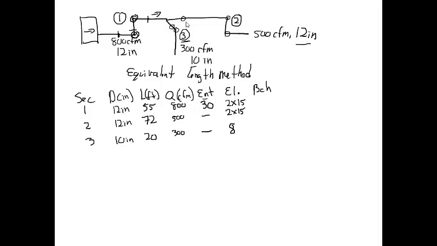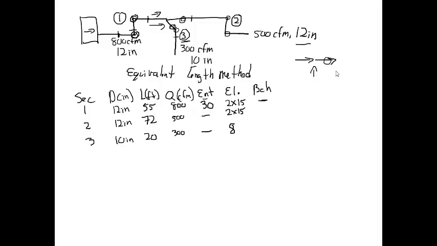So this will be a loss for Sections 2 and 3. There would be no branch loss for Section 1. If it was converging, I would include it in the section at which it's going to. Okay?